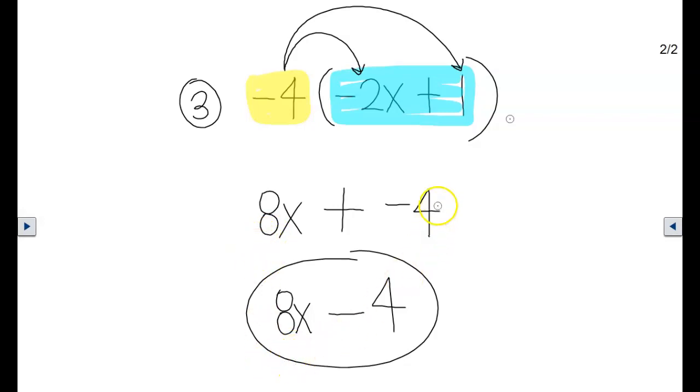And notice your -4 is still a -4. He's a -4 because he has that minus in front of him. That makes him negative. What happened here is you have a positive and a negative, and you all have learned along the way that a positive times a negative makes a negative. So that's how that's happening, is this positive times this negative is making a negative. So we're able to write that with one sign.